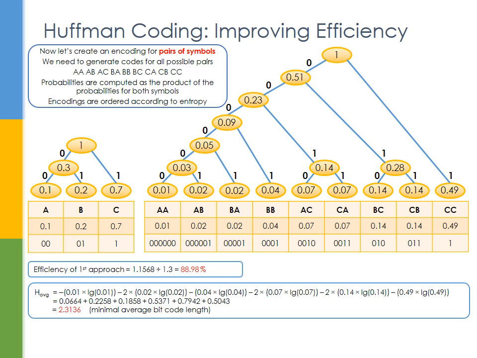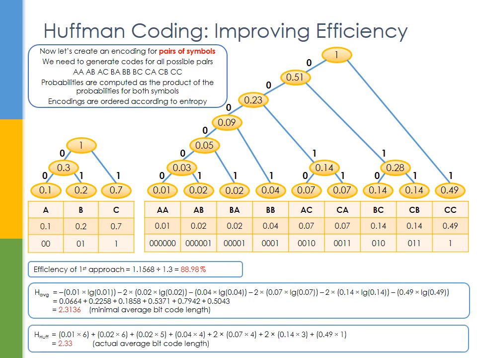Now notice that this value, 2.3136, is different to the value that we computed originally, which was 1.1568. And the reason that this value is larger is that we are encoding two symbols at a time as a single unit, whereas in the first case we were encoding only a single symbol at a time.